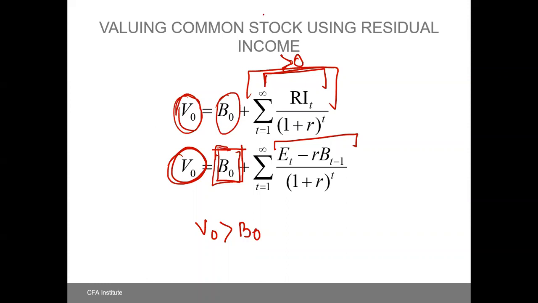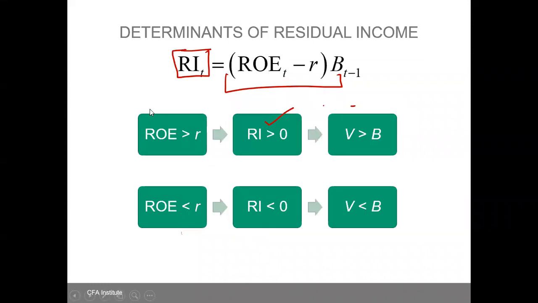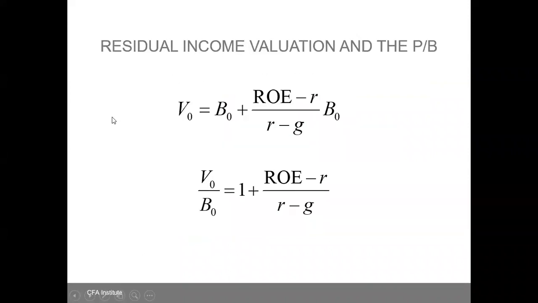Or will it be equal? And vice versa is true. This is a very simple way of showing residual income valuation through the price to book multiple. How can we come up with the price to book multiple? Let me show you; we have already seen it.